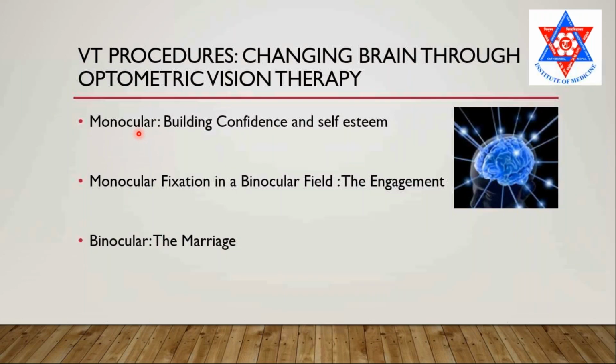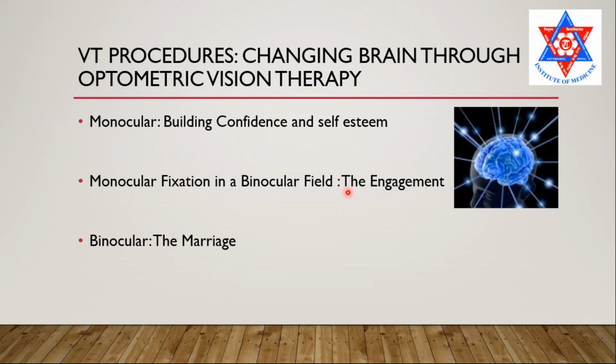These monocular activities in the amblyopic eye, which has deficits in different visual efficiency skills, help in building confidence and self-esteem of that amblyopic eye. And monocular fixation in the binocular field is what I'll be discussing in detail in the coming slides.